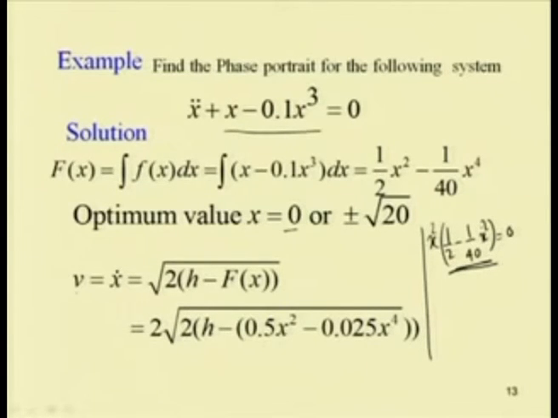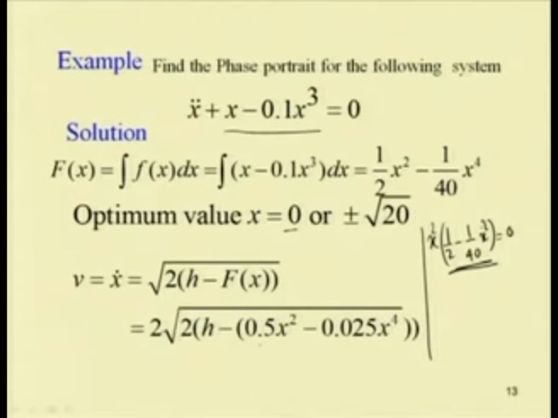So, the velocity of the system can be written as v equal to x dot equal to root over 2 into (h minus F(x)). So, for F(x) I can put 0.5 x squared minus 0.025 x to the fourth. So, corresponding to a value of x, I can find this x dot and I can plot this response.